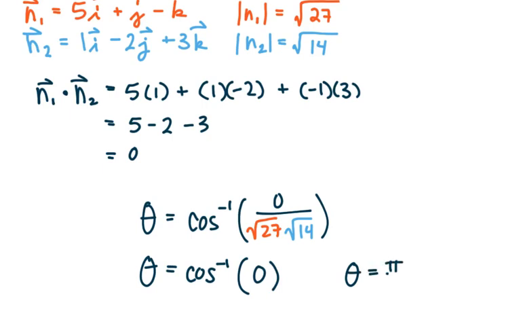At theta equals pi over 2 radians, or 90 degrees. So, what does that tell you? These two planes are perpendicular. And that's the formula for determining the angle between two planes.